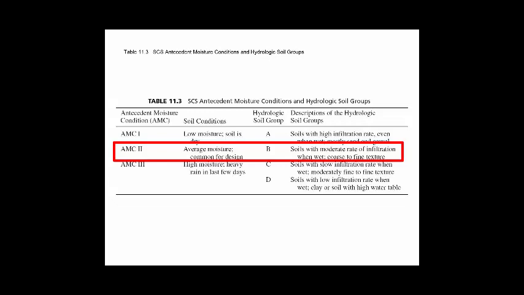We commonly use B, but if we went to C, it would be a little more conservative. And for example, if you have clay soils, then you would go for hydrologic type D, the most conservative of all. But if you have some loam, then you may need to do C.